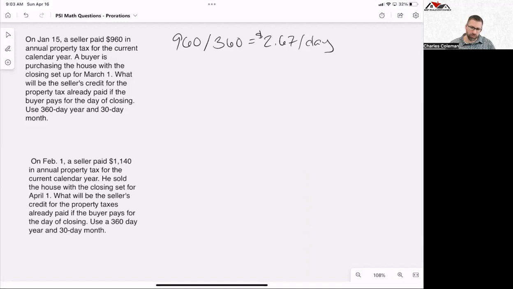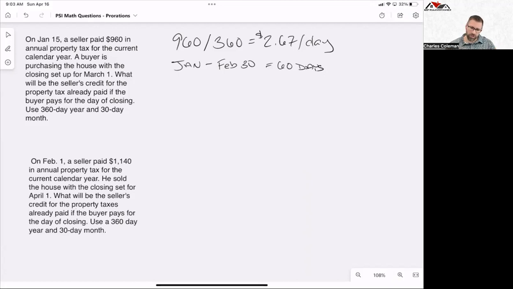So then we're going from January 1st to February 30th, because again, the buyer owns the day of closing, which is March 1st, and we're doing 30-day months. So this is a total of 60 days that the seller is in the home. All right, so the seller owns 60 days of property taxes.